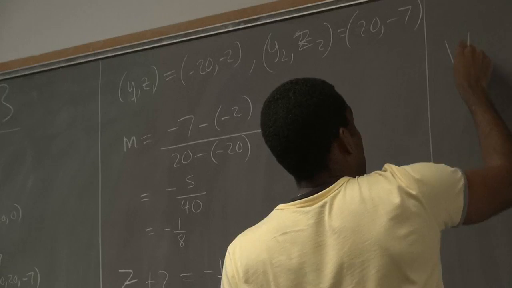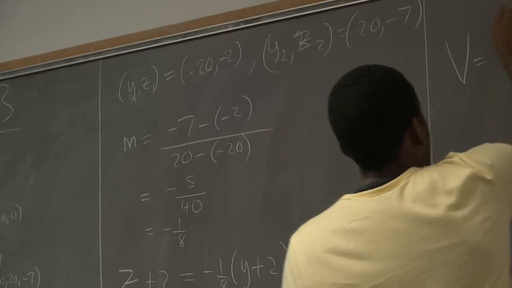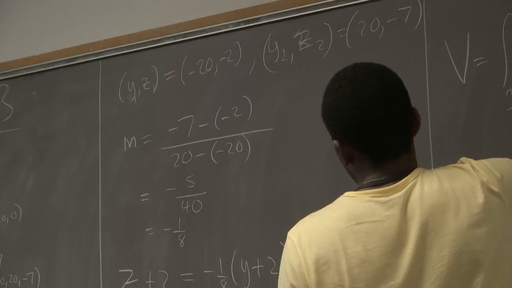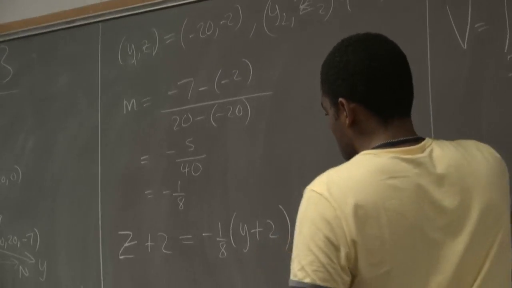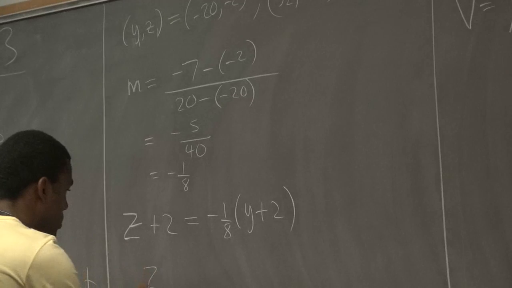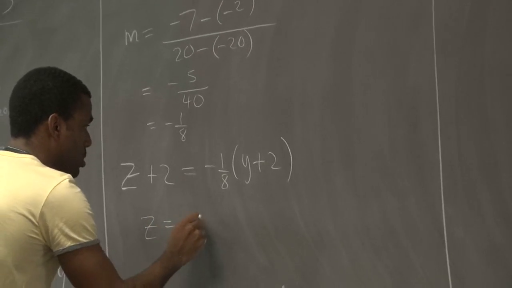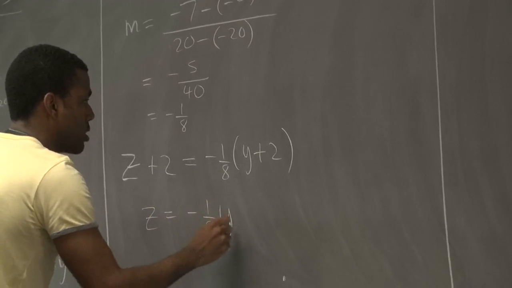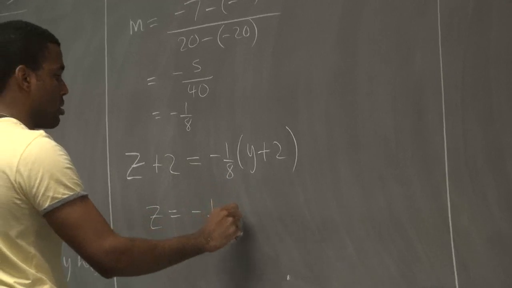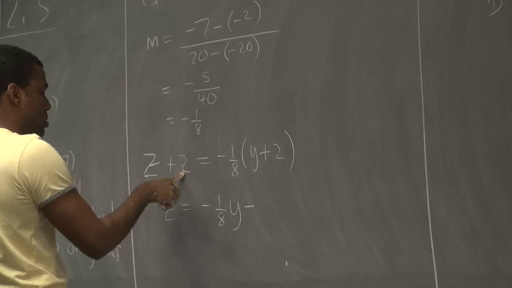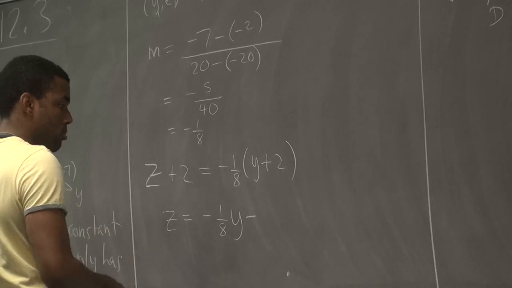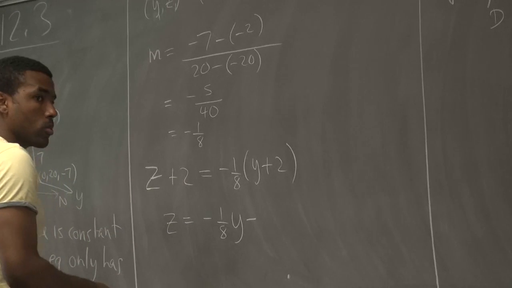So then the volume is going to be given by the double integral over D of the top, which is 0, minus the bottom surface, which is z equals minus 1/8 y minus a quarter, minus 2.